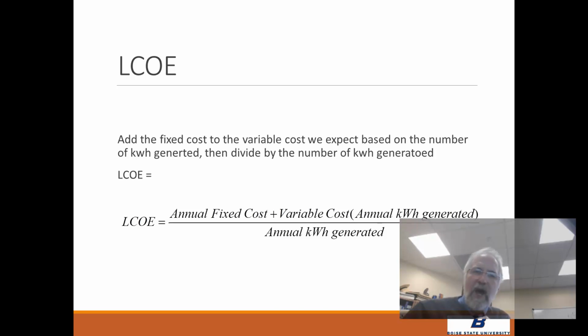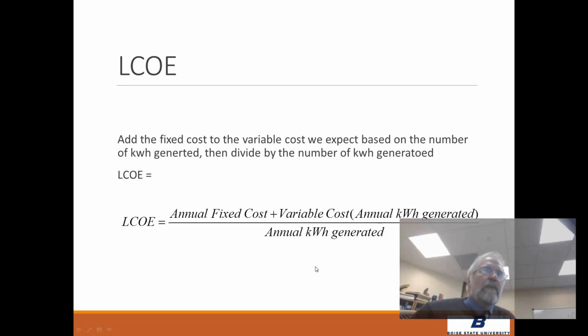Another way of looking at it: how much does the utility have to recover from the consumer just to cover the cost of building the plant and operating the plant, right? So we'll think of the levelized cost of energy, probably not what you and I pay, but what the utility is going to have to pull in to cover their base, and then probably a little bit more for their profit.